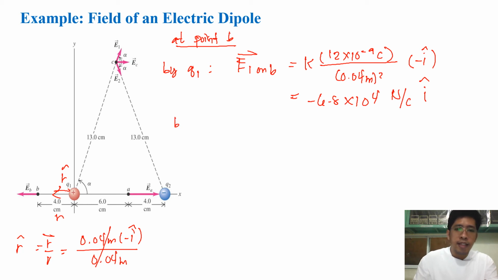Now let's find the electric field caused by Q2. This time this is E2 on B. You still have KQ over R squared.